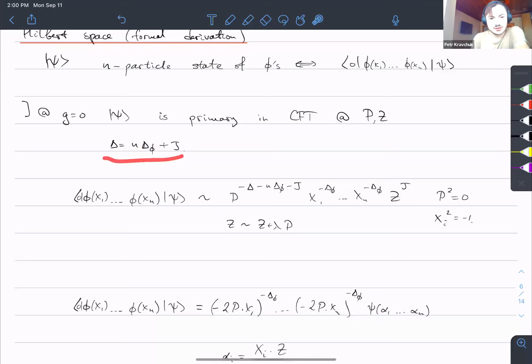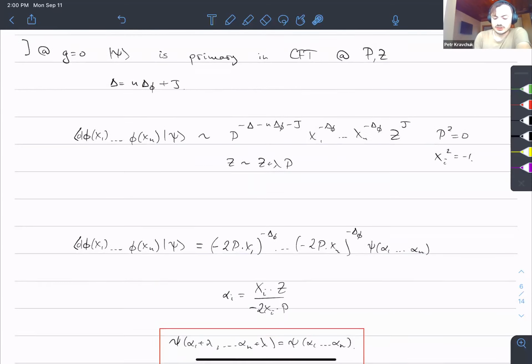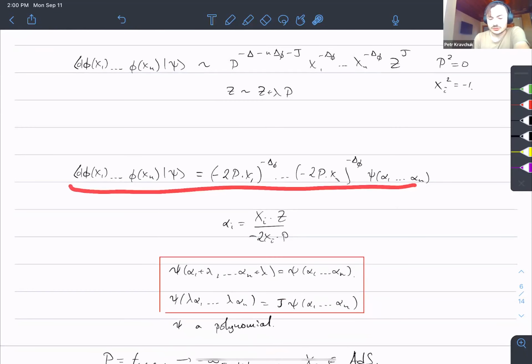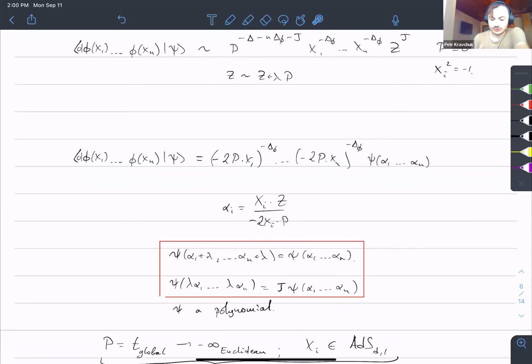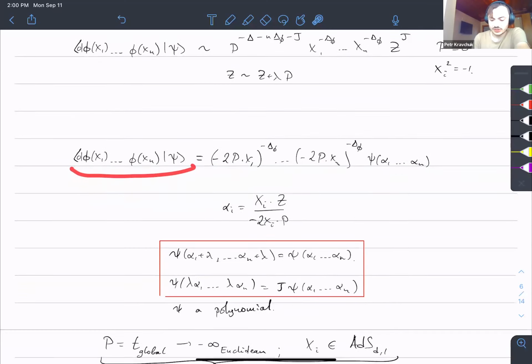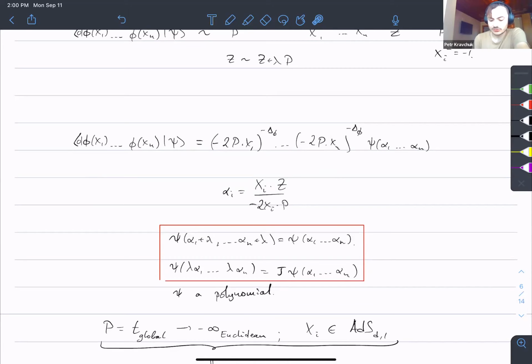So if you look at the states with leading twist, then their wave functions are actually very constrained, relatively speaking, to be some standard prefactor times a polynomial psi in some variables alpha 1 through alpha n, where alpha are some expressions in terms of embedding space coordinates. But the important point is that the functional degree of freedom which exists in these wave functions can be described as a homogeneous polynomial of degree j in these complex variables alpha 1 through alpha n, and this polynomial has to be shift invariant.